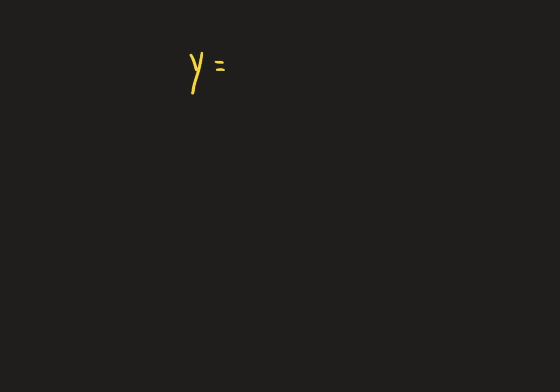Let's say that we have y is equal to 2x squared minus 12x plus 7. We've got 2x squared minus 12x plus 7, so it's in standard form. First thing I like to do is list my a, b, and c. My a value is the value that's out in front of the x squared, so my a value is 2.